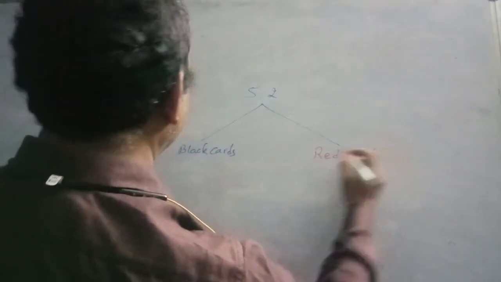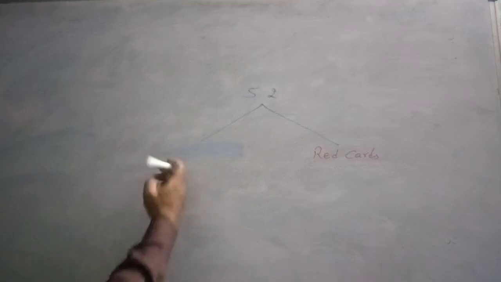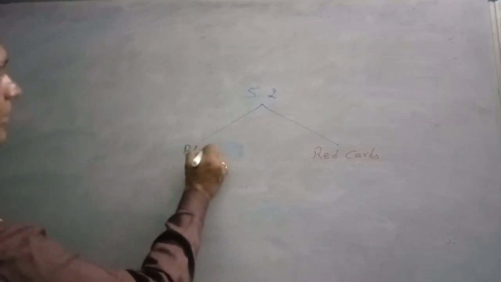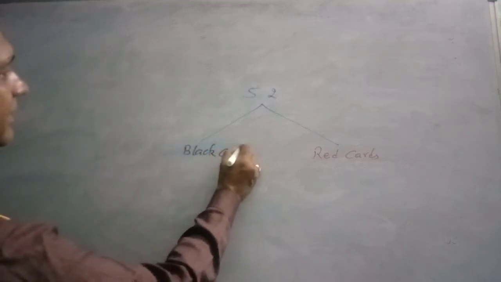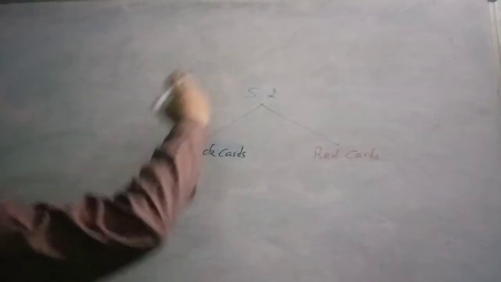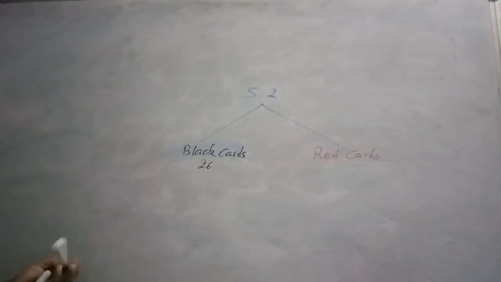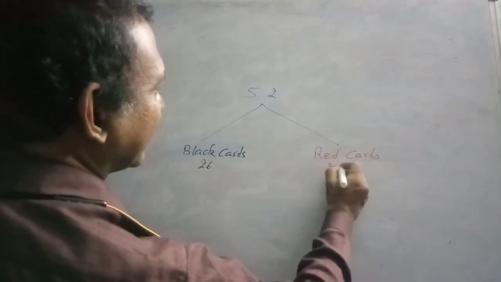Let me draw this. So black cards and red cards. How many black cards will be there here? 26 black cards, 52 divided by 2. This is 26 black cards. Here you will see 26 red cards.